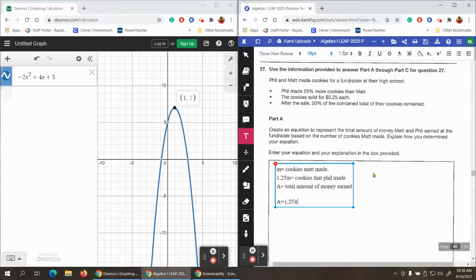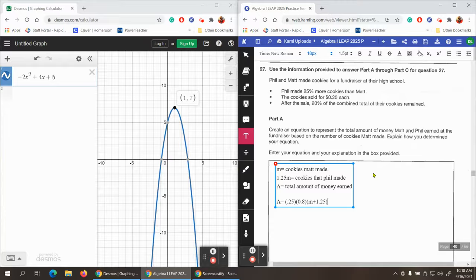They only sold 80%. 80% as a decimal is 0.8. They only sold 80% of their cookies. And then how many were made? Well, Matt made M cookies, and then Phil made 1.25 of the cookies. So that would be our equation.